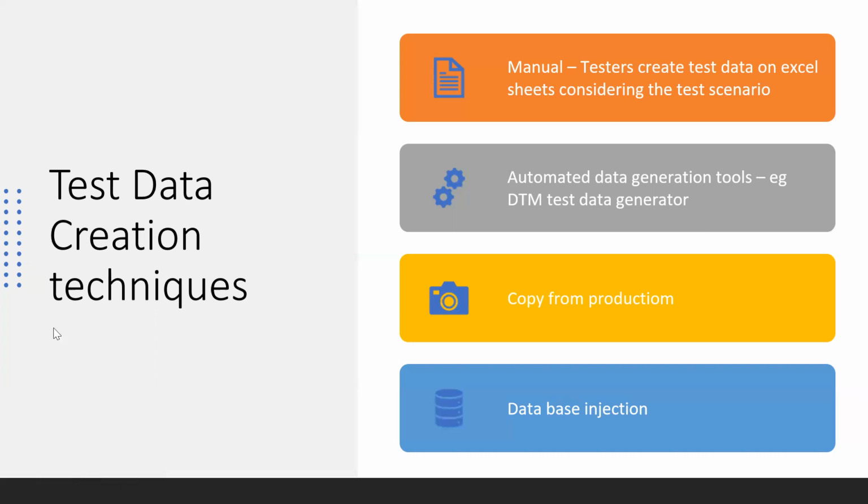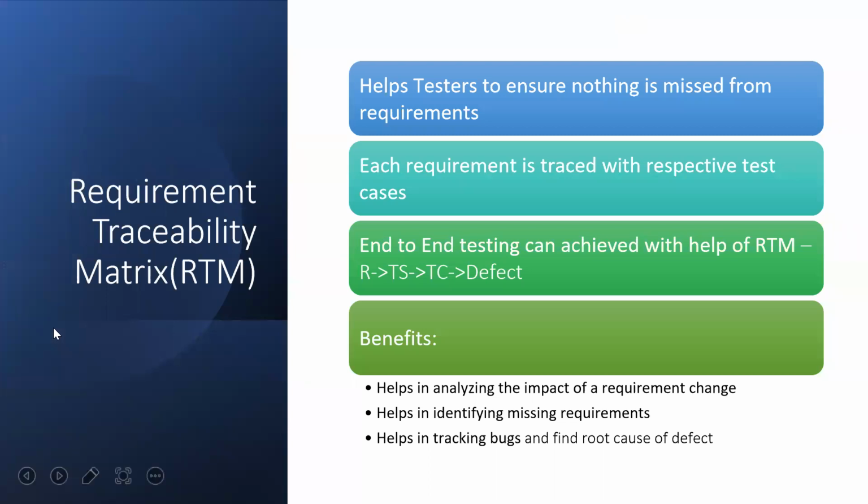Okay, so now coming to the next topic, which is requirement traceability matrix. In STLC, you would have seen, right? In the requirement analysis phase, the exit criteria are the list of requirements and the requirement traceability matrix.